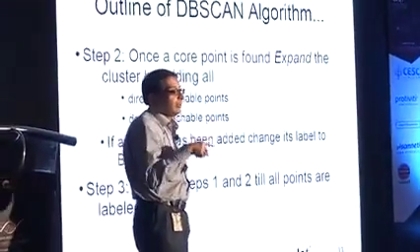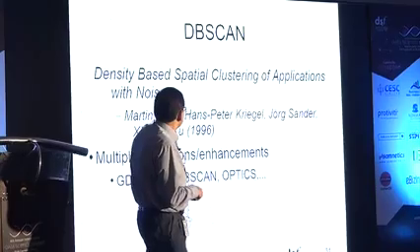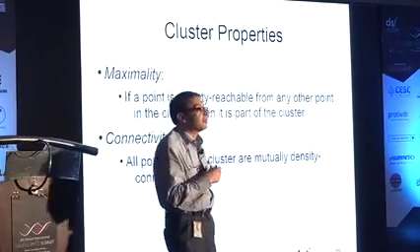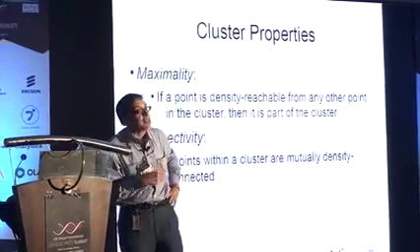Those are the properties of the points which define a cluster if you have applied the DBSCAN algorithm. So if you have applied the DBSCAN algorithm and it comes up with the clusters, then these two conditions will automatically be satisfied. These are the properties of the DBSCAN clusters.